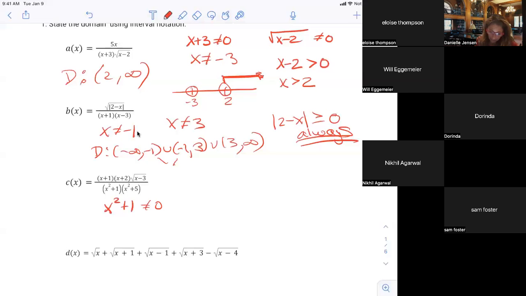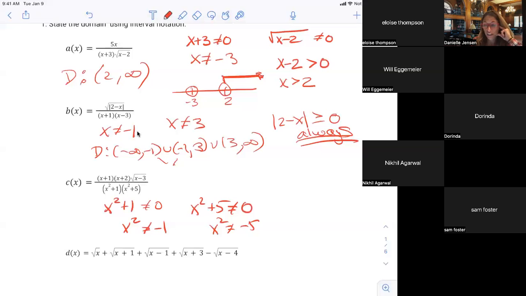So for C of X, if I look at both denominators and say they can't equal 0, well, is it ever the case that X squared equals -1 or X squared equals -5? In other words, is it ever going to be the case where our denominator here is 0?